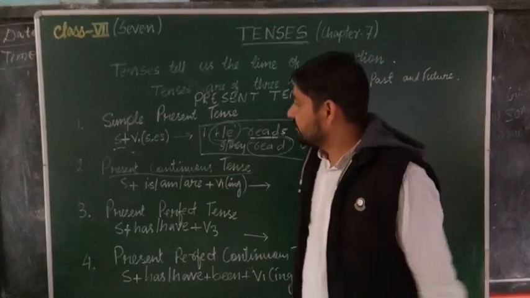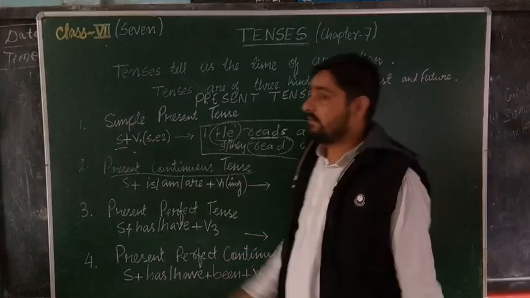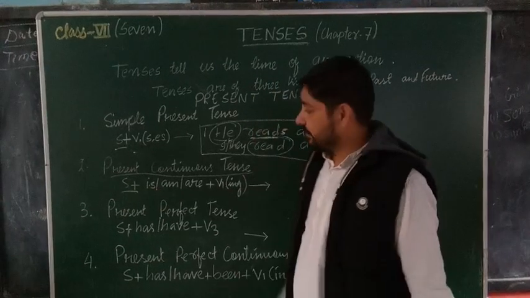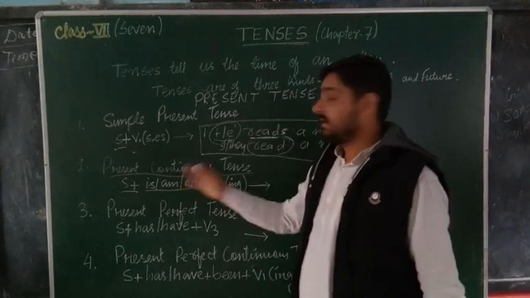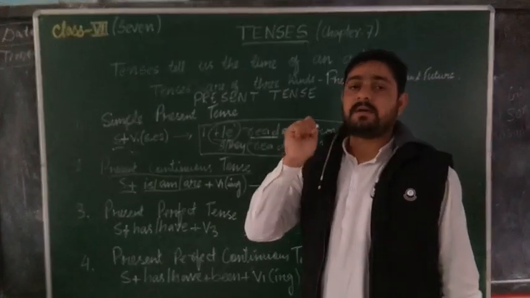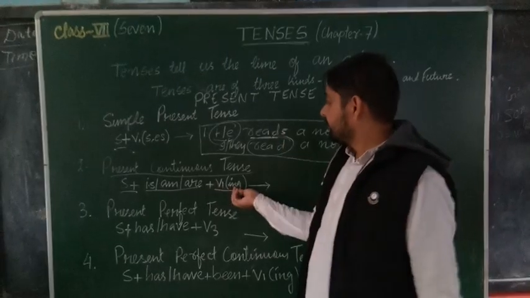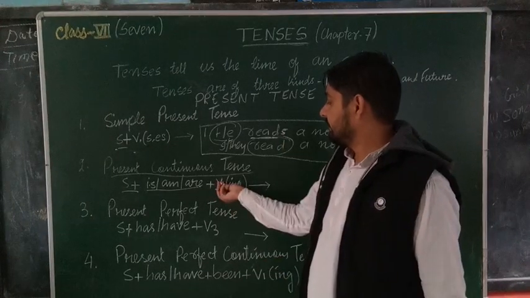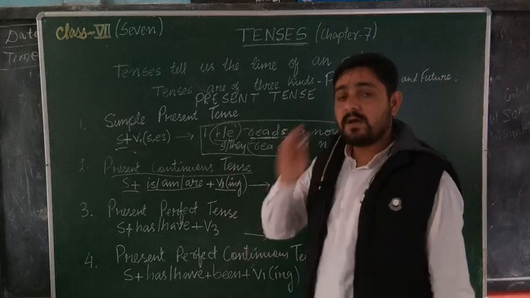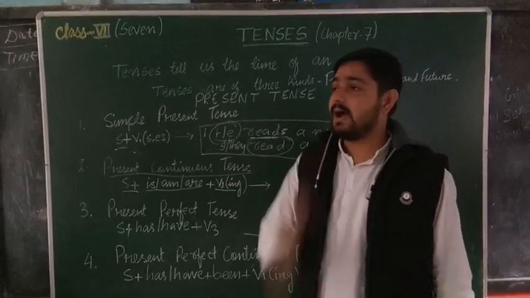Now point number 2, present continuous tense. The structure is: subject, then the helping verb is, am, or are, then the first form of the verb with ing added.